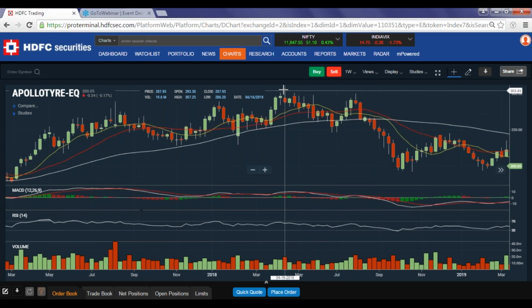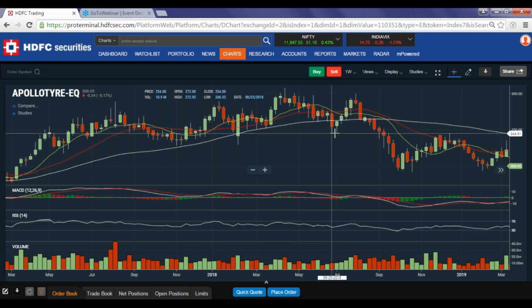Right, so here is the first top that got created. It came down. Here you can see a huge red candle with this wick over here, right? The next day, the stock held the previous day's low. That same wick was formed.